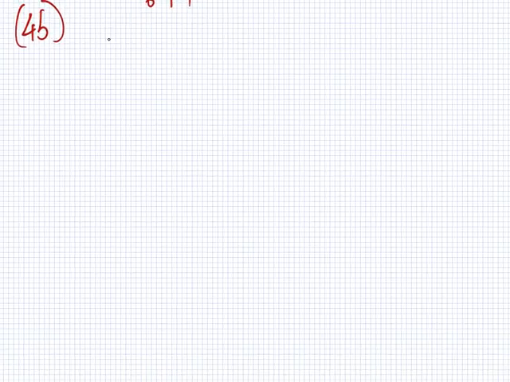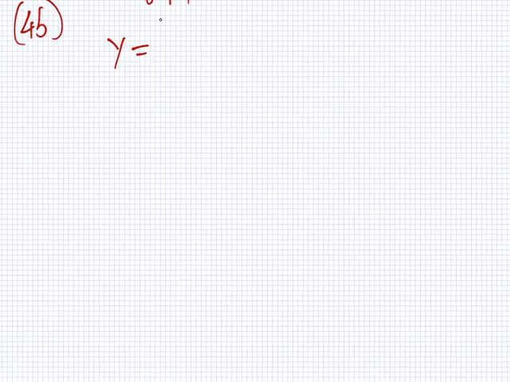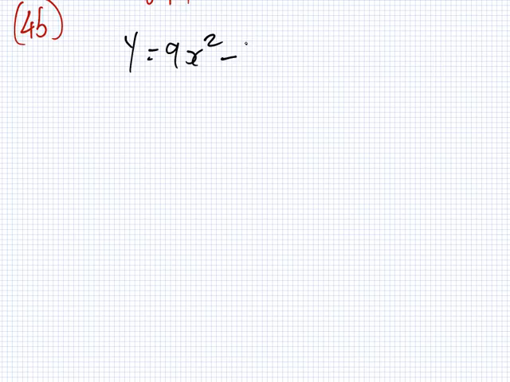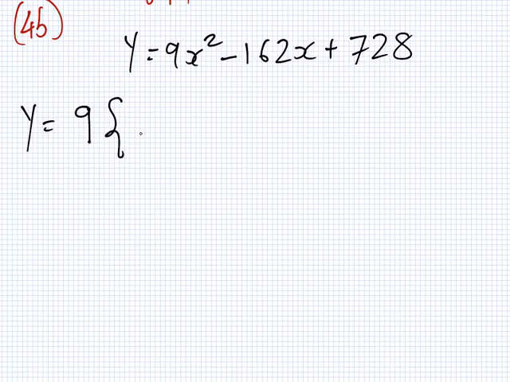Okay. y equals 9x squared minus 162x plus 728. y equals 9 x squared minus 18x plus 728 over 9.